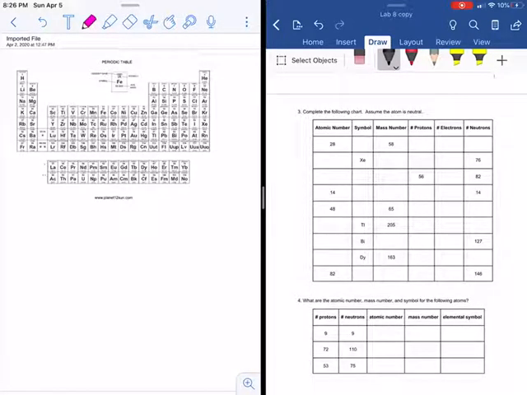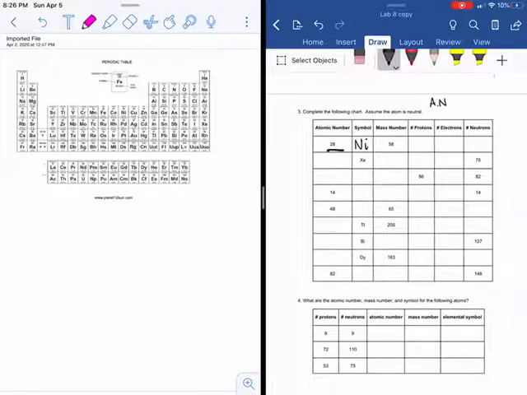Okay, part 3. Here, you need to be able to look at the periodic table and, for instance, the atomic number is 28. If you look over here at 28, golly, it's little. That symbol is Ni.